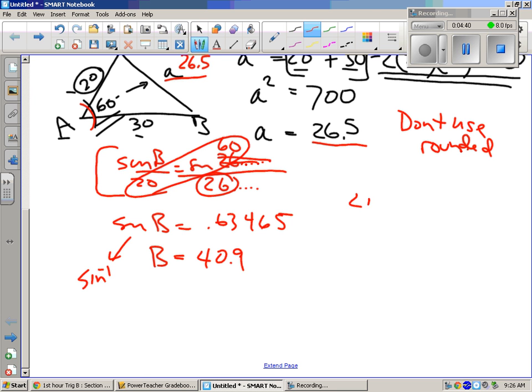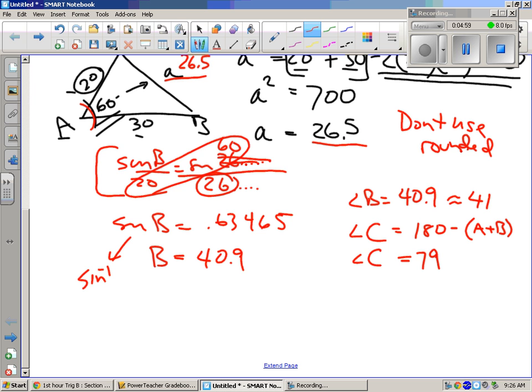Now it depends on how they ask you to round it. It might be 41. And then angle C, I take 180 minus A and B, so I got that to be about 79 for angle C. And there you have it. So we've solved all of them.